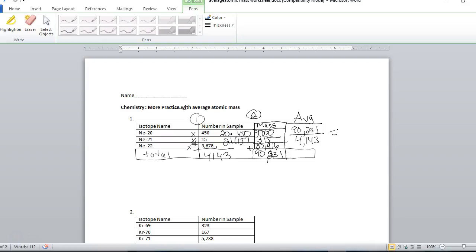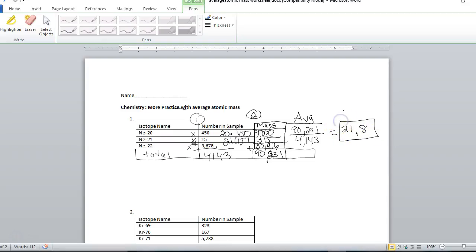Divide those two numbers and you get 21.77. We're going to round to the tenths place, so we're going to say 21.8 as your average. So that would be the answer.